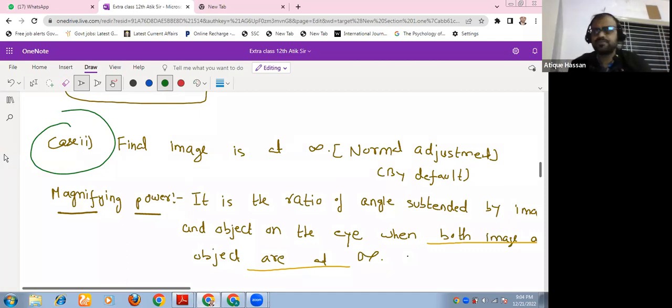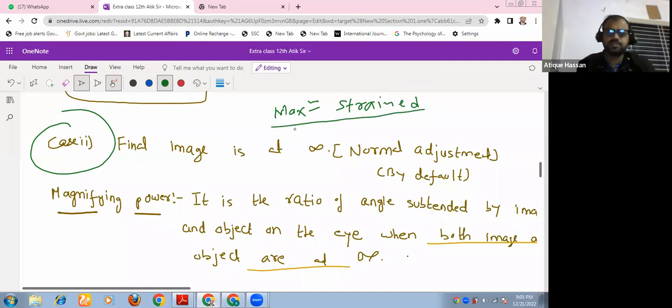Sometimes you will have language like, find the magnification for which the eye is maximum strained. Getting my point? Maximum strain. So what do you mean by maximum strained and minimum strained or relaxed?